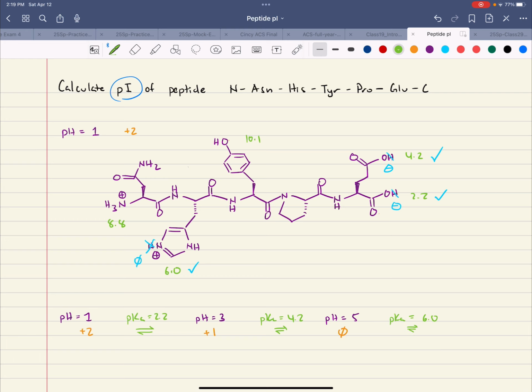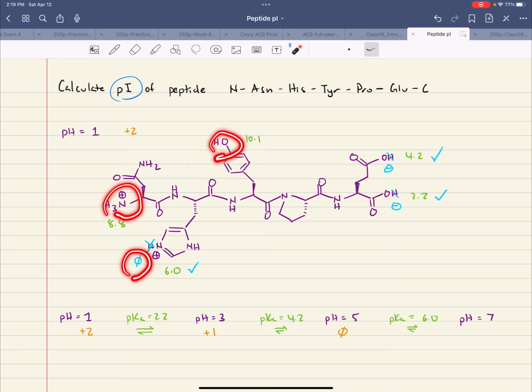So what pH do we want to use? Let's use 7. That's above 6, but below 8.8. Okay, so 7 is okay. And now that we've taken off that hydrogen here, what do we have now? Positive, neutral, neutral, negative, negative.